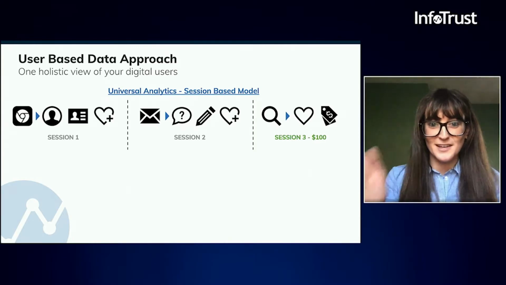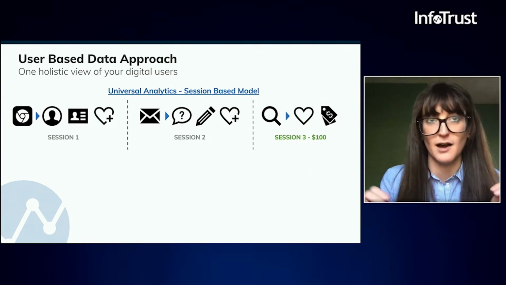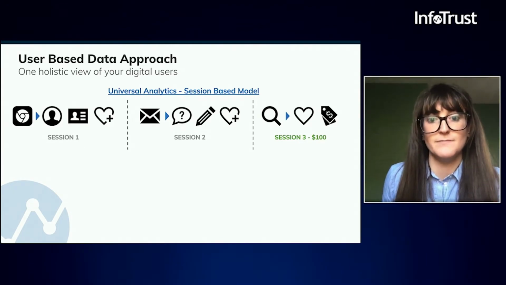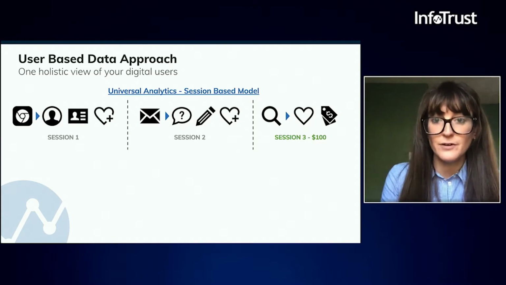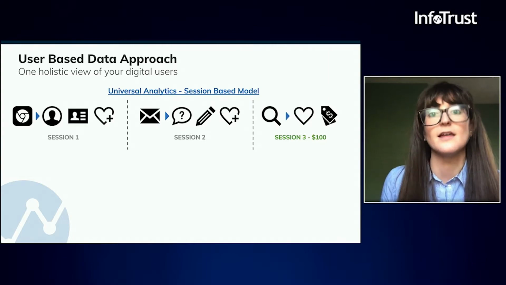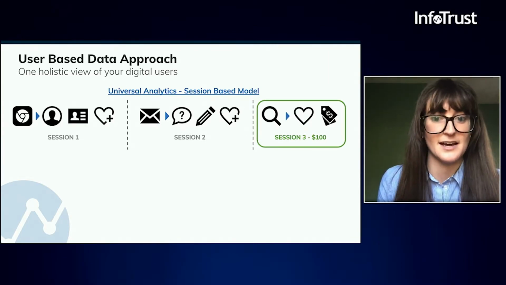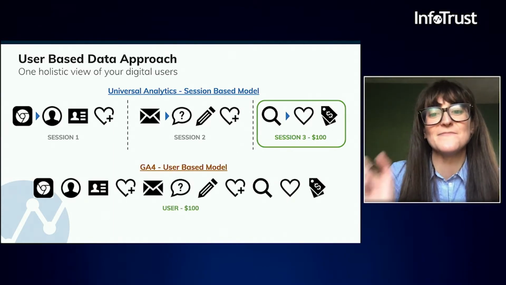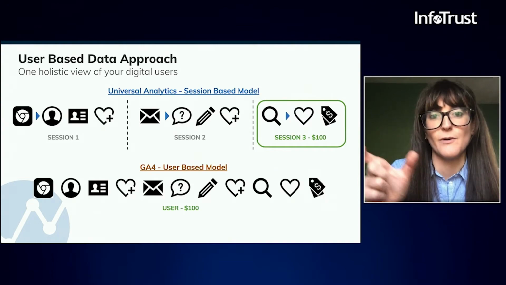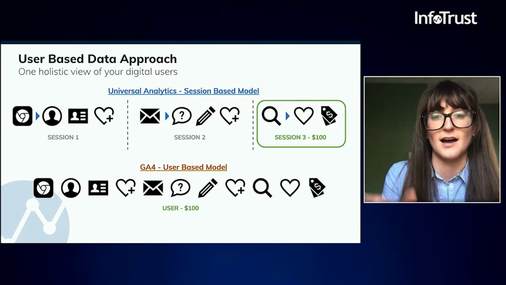So when you're looking at that session holistically, they haven't really given you value yet. Now in that third session, let's say that they come in from a Google search, they reference their favorites list, and then they finally convert. If we go to the next slide, just a little build, that third session is really where you're going to give credit and put emphasis on that value, right?